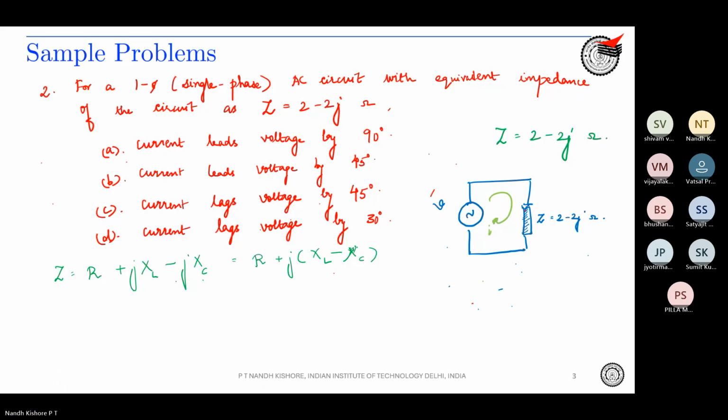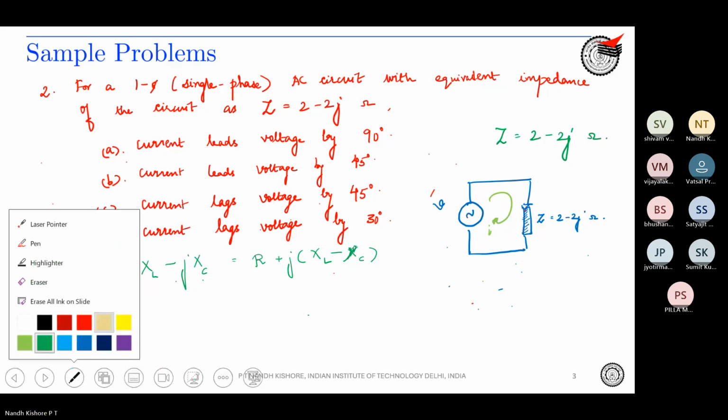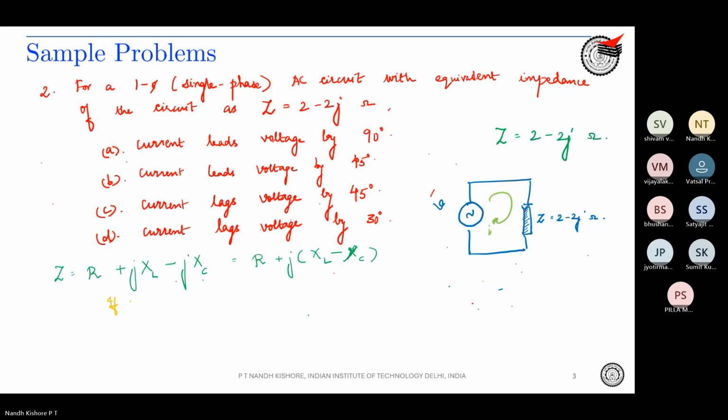So now if XL is more than XC, your net impedance will be R plus jX. If XL is more than XC, which is dominating?